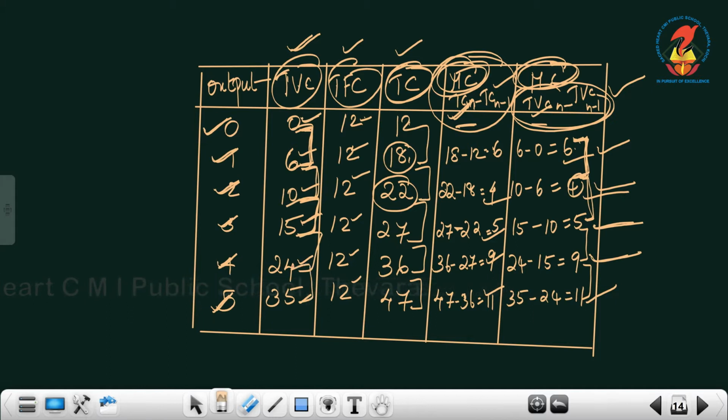And 35 minus 24, you will get 11. So both the values of MC, derived from TC as well as TVC, are the same. So in the table, if we deduct the preceding value from the succeeding value by using the formula TVCn minus TVCn-1 or TCn minus TCn-1, you will get the value of MC. So if you are asked to find out the value of MC, you can depend on either TC or TVC.